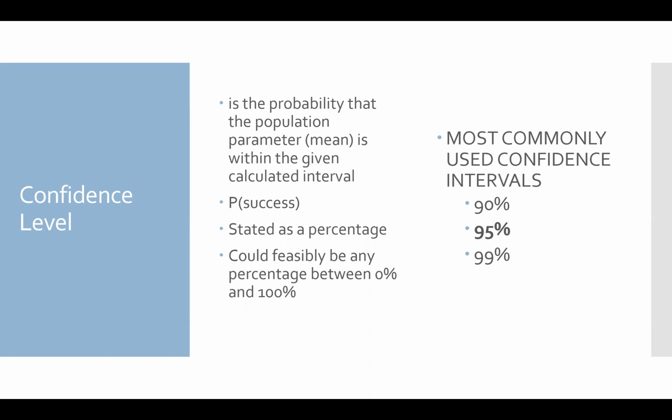And because it is a probability, remember, we learned early on that all probabilities are between and include 0 and 1. So my confidence level could actually be any value between 0 and 100%.